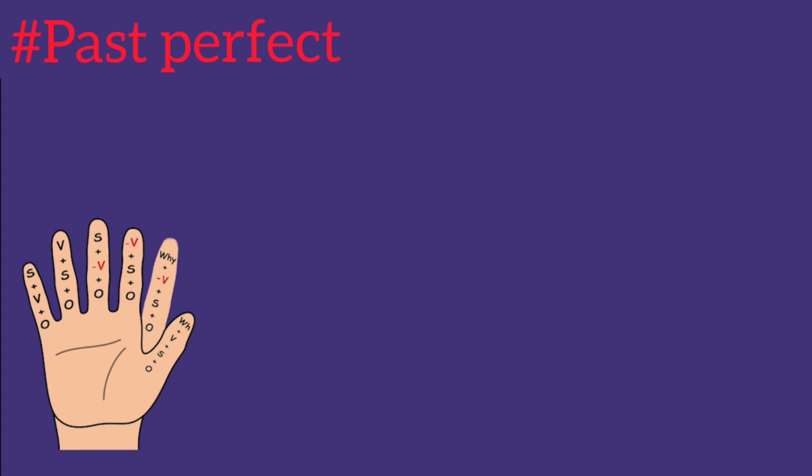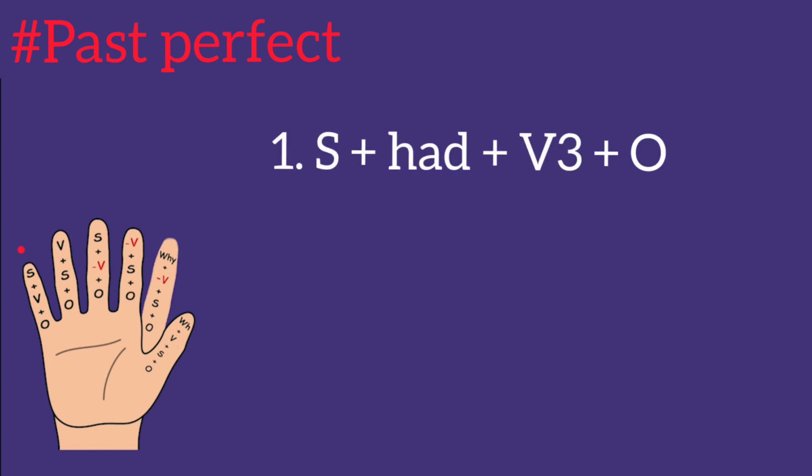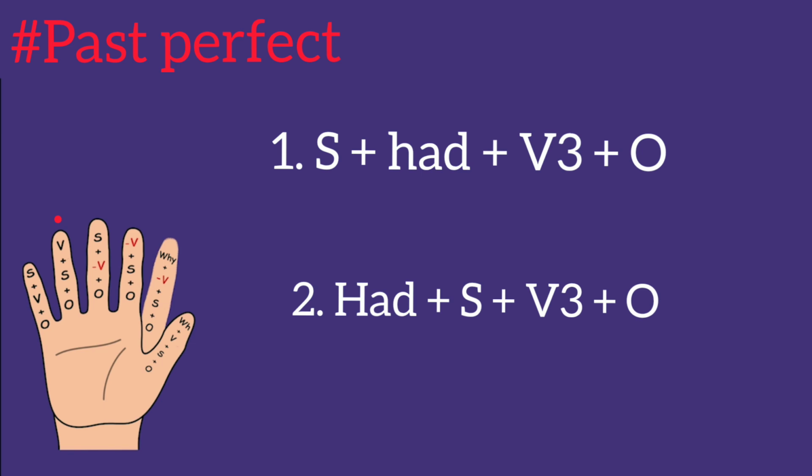Here, we use only two forms of sentences, that is, positive statement and positive yes or no question. Its formula is subject plus had plus V3 plus object. Had plus subject plus V3 plus object.